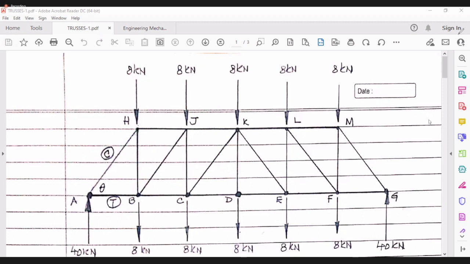Here, this is a given truss. You can jolly well see it.